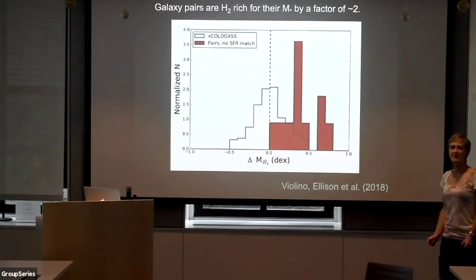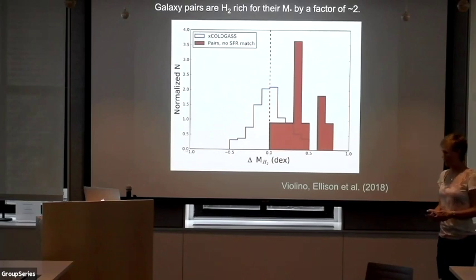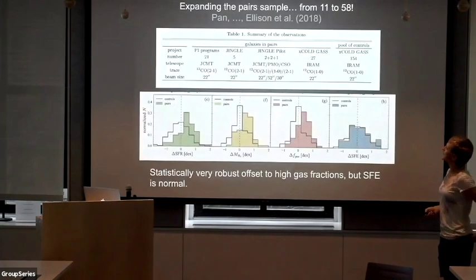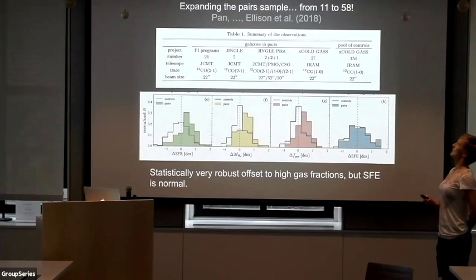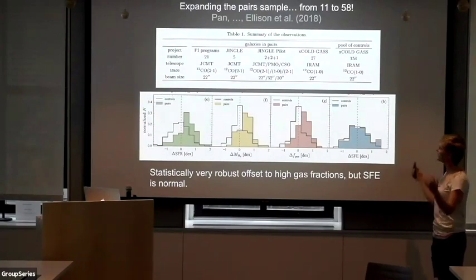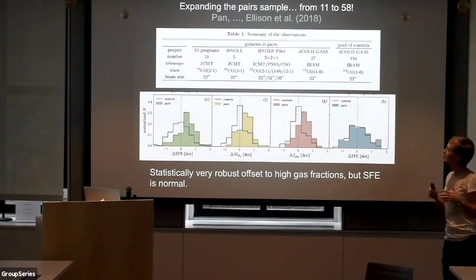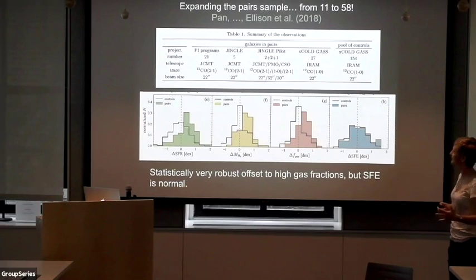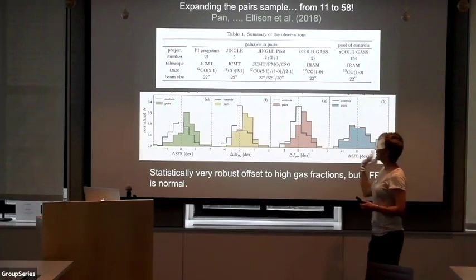And we thought, well, maybe this is small numbers, we need a bigger sample. So then we did a bigger sample, we went from 11 to 58, which was cobbled together partly from different PI programs, some in the literature, some of our own new observations. And so here are now the distributions for this much larger sample.